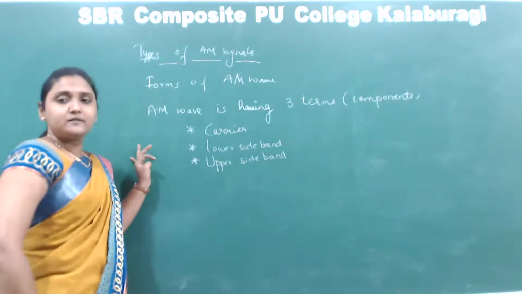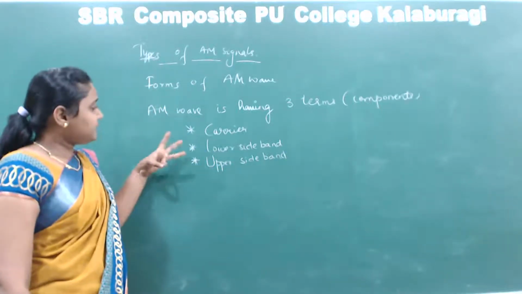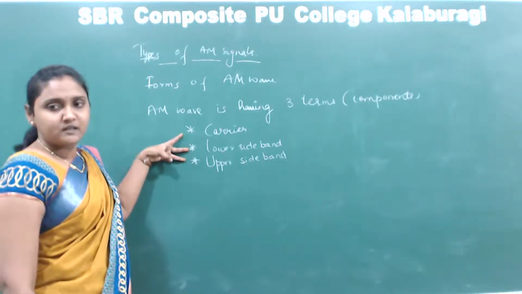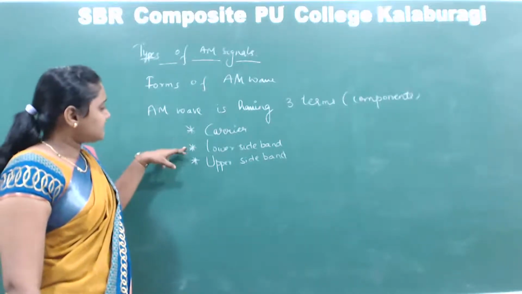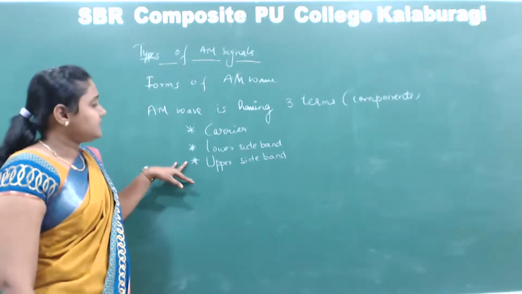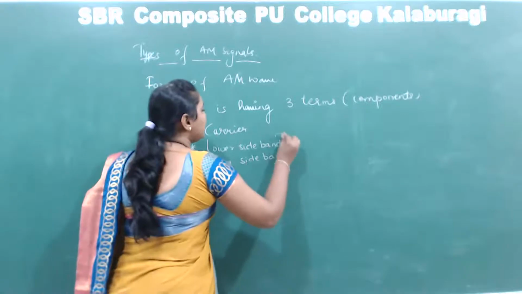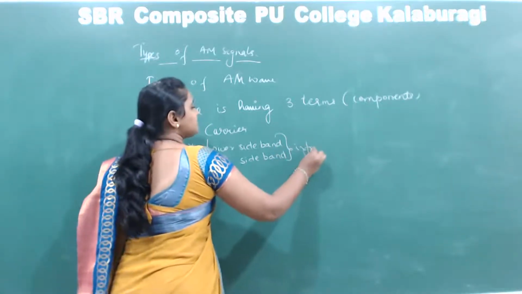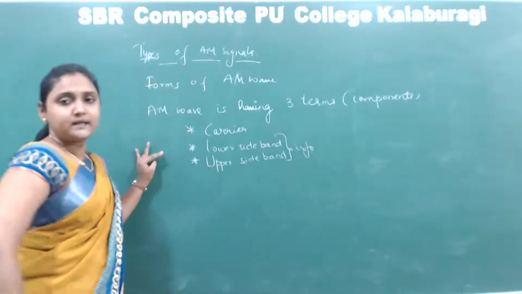So the AM wave is basically comprising three parts, otherwise three terms or three components, where the first one is the carrier, the second one is the lower sideband and the third the upper sideband. Right? The information is contained in only the sidebands.